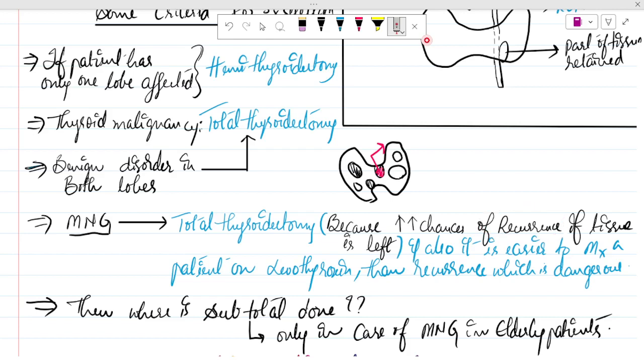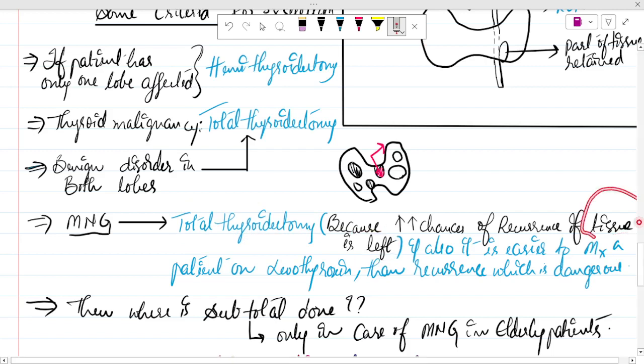Even if you have a desire to preserve thyroid tissue, the retained tissue might, after some time, cause recurrence of the abnormality again. So rather than going for tissue-saving surgeries, you simply do total thyroidectomy, because retained tissue might increase the chance of recurrence.